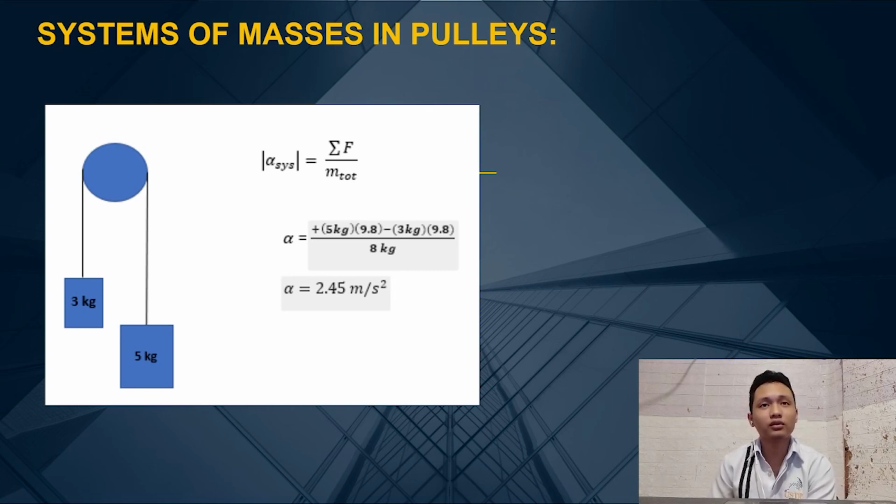So you just have to input the summation of the force, which is the mass times gravity, and divide by the total mass, which is 8 kilograms, and you will have the acceleration of 2.45 meters per second squared.